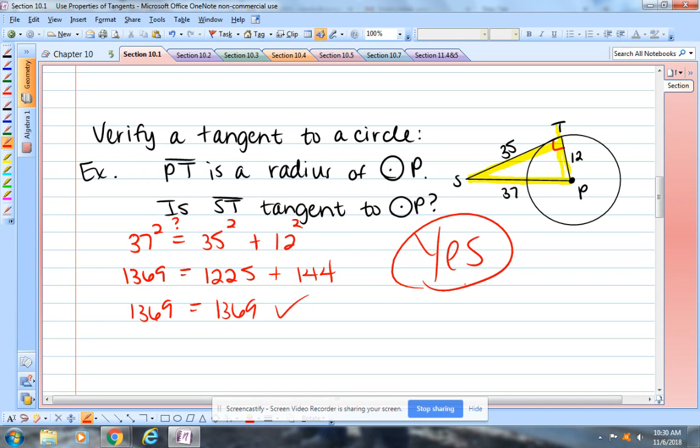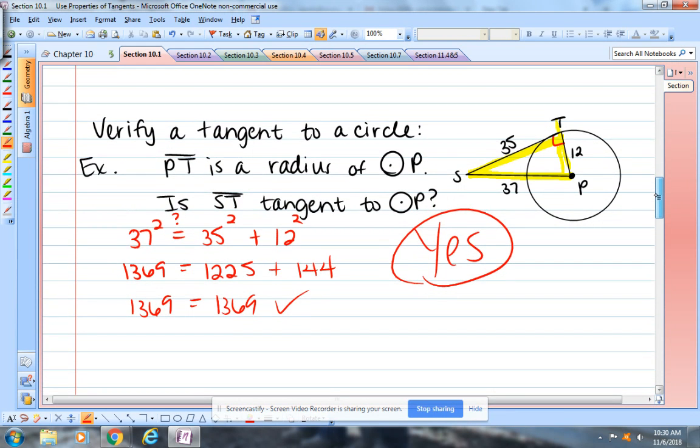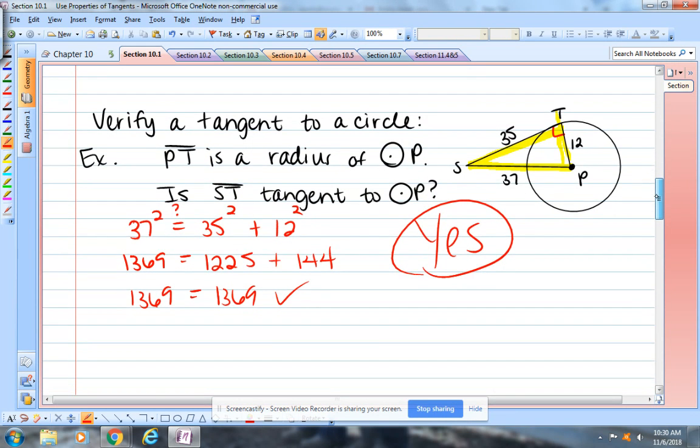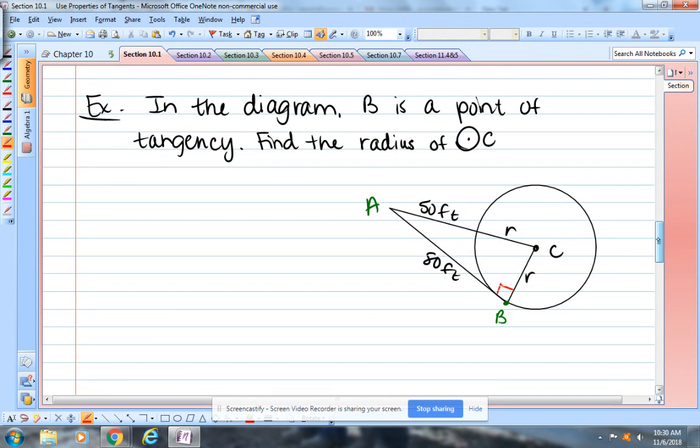And I'm smiling because this next problem is awful fun. Can I scroll? We good? Go ahead and draw that picture, please.